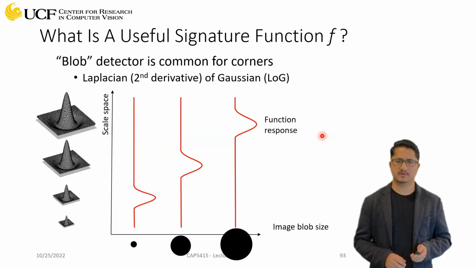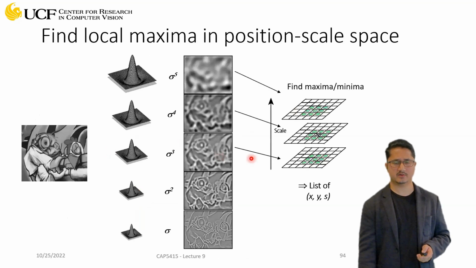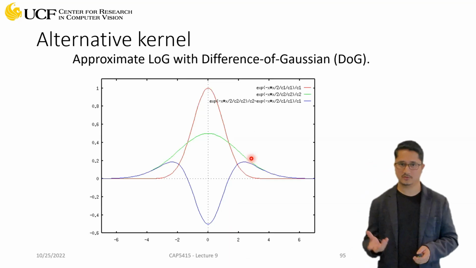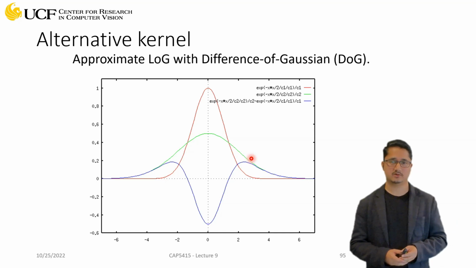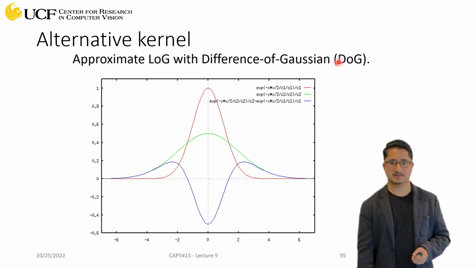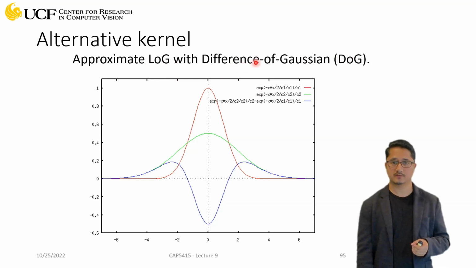Now, the LOG filter, I think we have discussed earlier how to get the Laplacian of Gaussian. You compute the second derivative. But there's a very interesting way to optimize the computation of this Laplacian of Gaussian: you can just compute the difference of Gaussian, which is a very good approximation of it.